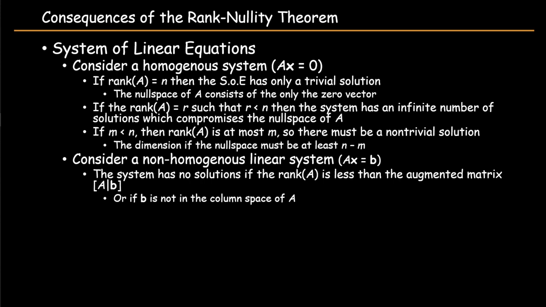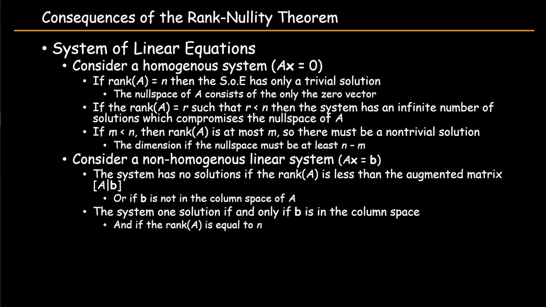Now, if B is in the column space of A, that means there can be at least one solution of the system. And the system will only have one solution if and only if the rank of A is equal to n.